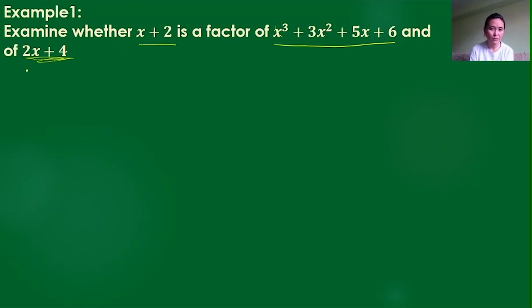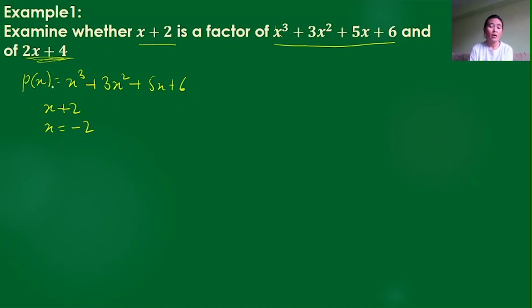Now let's take p of x equal to x cube plus 3x square plus 5x plus 6. This is the given polynomial, and we have to check whether x plus 2 is a factor or not. Therefore we have x plus 2, which means x equal to minus 2.